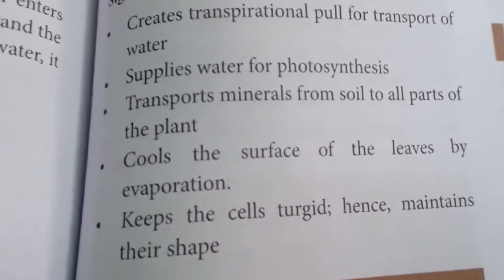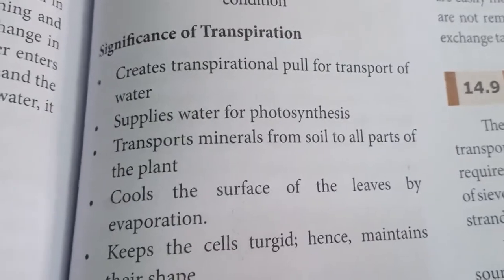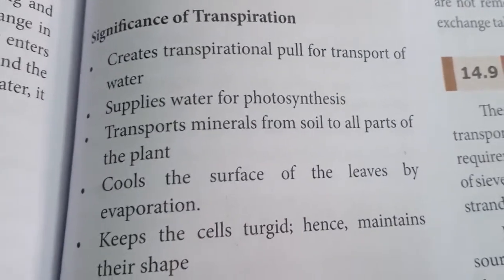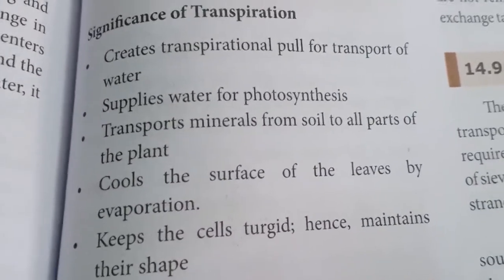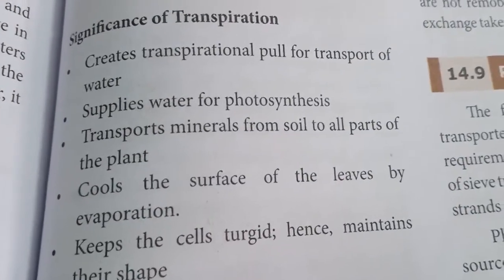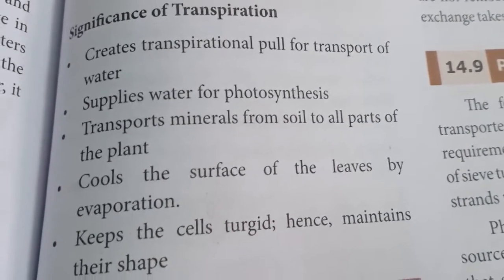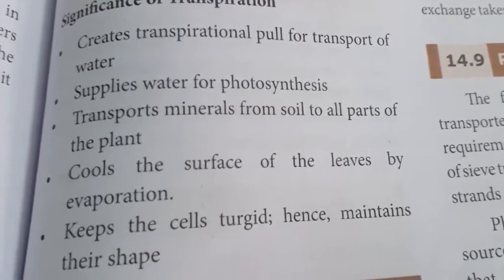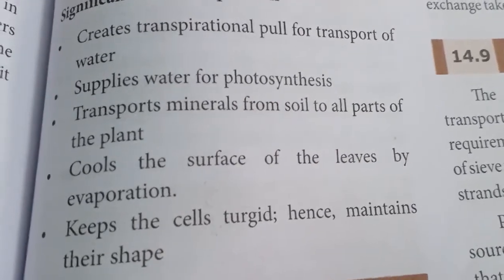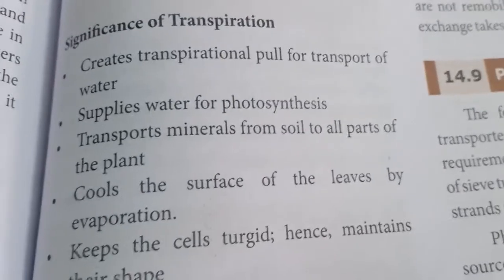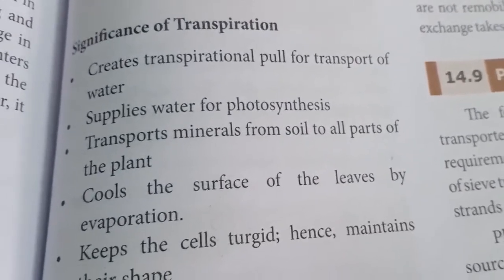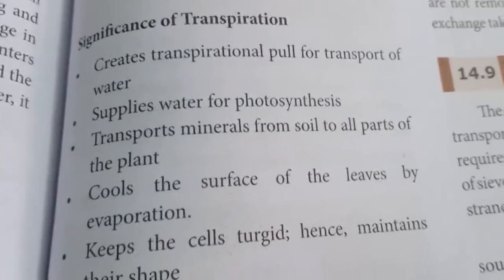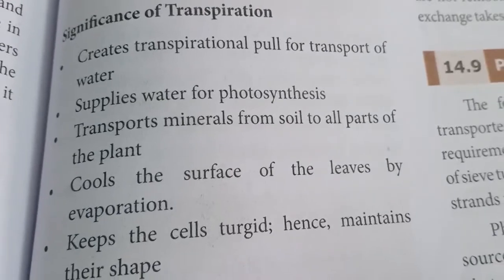Significance of transpiration: creates transpiration pull, supplies water for photosynthesis, transports minerals from soil to all parts of the plant, cools the surface of the leaves by evaporation, keeps the cell turgid, hence maintains the shape. So these are the functions, the importance of transpiration, which you find on page number 203.